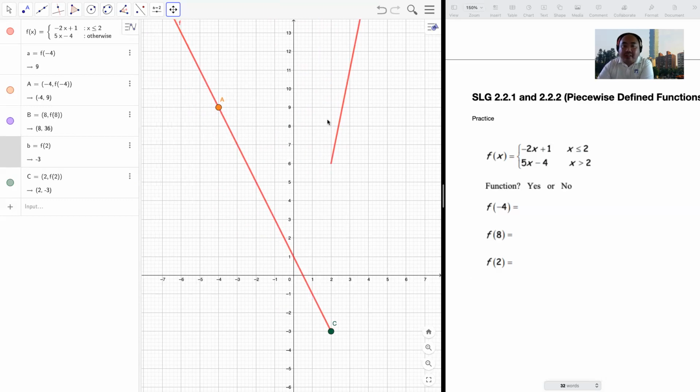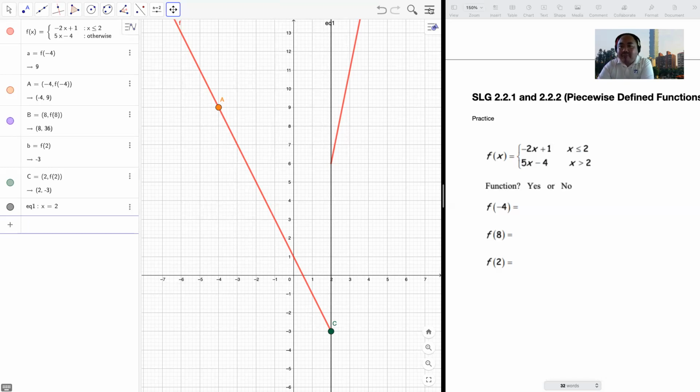The possible candidate where the vertical line test will fail is at 2, because supposedly when you drop x equals 2, this line will cross the function twice, here at 6 and at negative 3. But you know that since at 6 this is hollow, it is still safe with the vertical line test. And therefore, this is a function. f is a function.